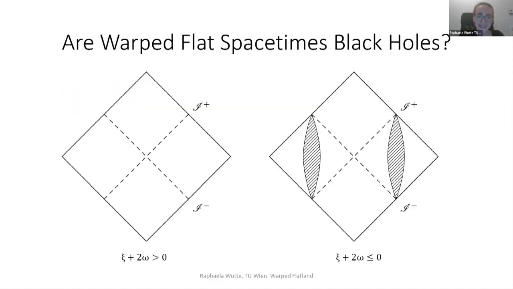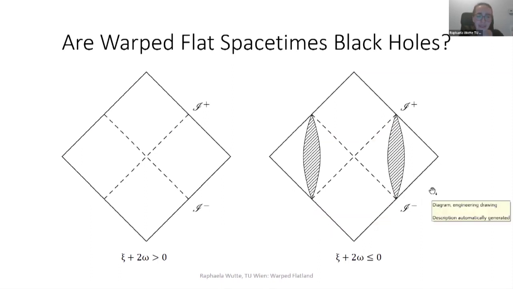So coming back to the original question of whether these warped flat quotients are black holes: depending on the regime of the parameters, the spacetimes either look like the left picture or like the right picture, and the shaded region in the right picture is the region where closed timelike curves start to appear. What one usually does is cut the spacetime off where they start to appear, so the spacetime would look like this.